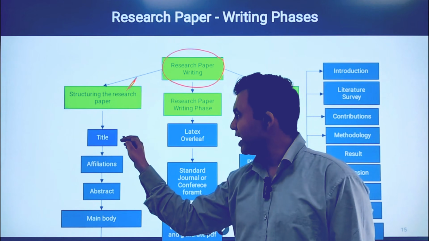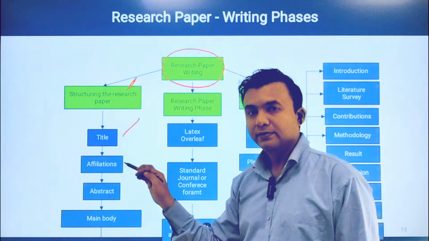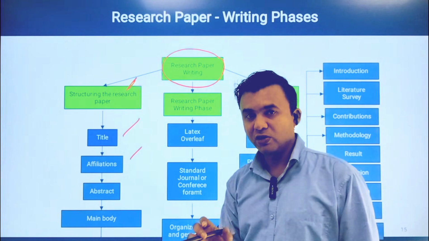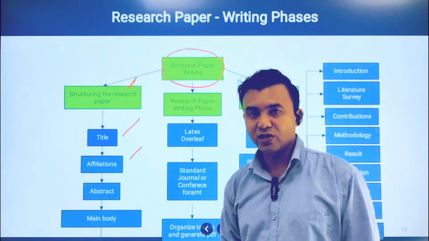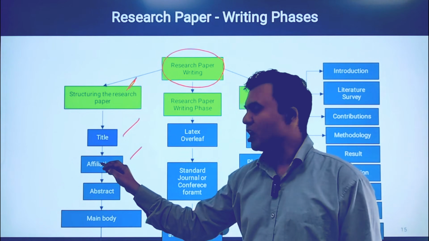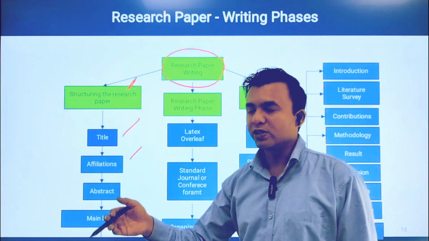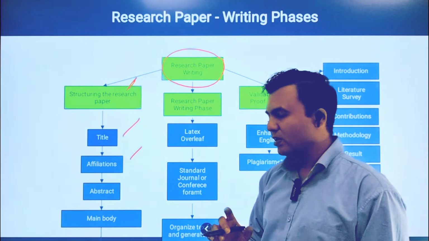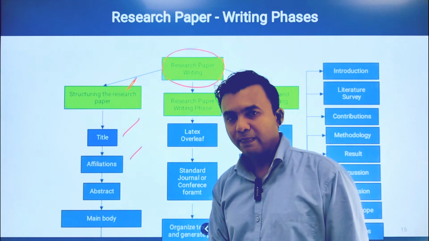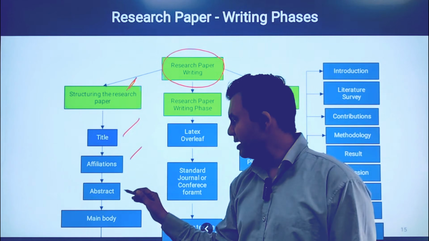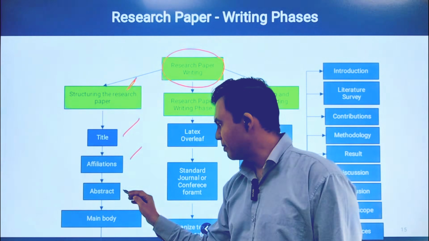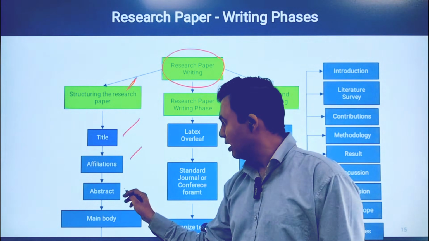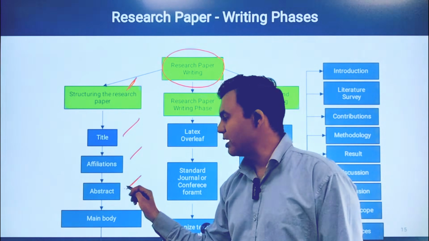Decide an impactful title, then put all the affiliations of the authors, which author belongs to which organization. We do not write assistant professor, associate professor, or professor in the author's affiliations, right? We just write the name, organization and email ID, maybe along with the city's name, or maybe that comes in the organization's list. Then you write an abstract.